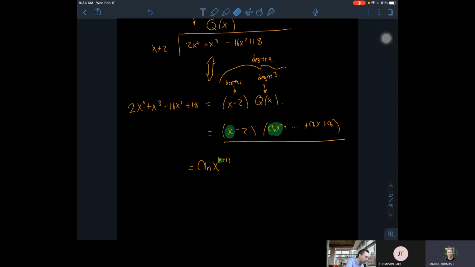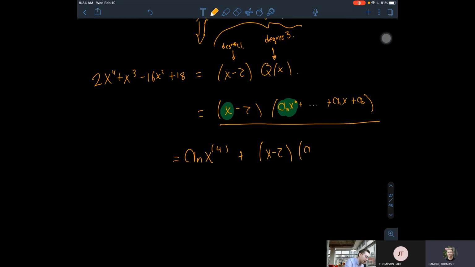So this is really going to be a_n times x to the power 4. And I'm going to write plus, and leave all the rest inside parentheses. What I'll have left on the inside will be a_(n-1) x to the power n minus 1 plus dot dot dot plus a1x plus a0.